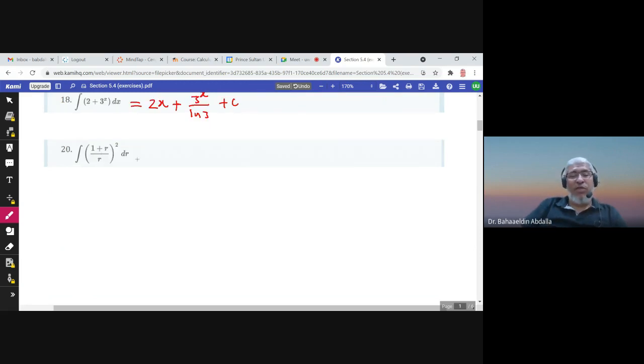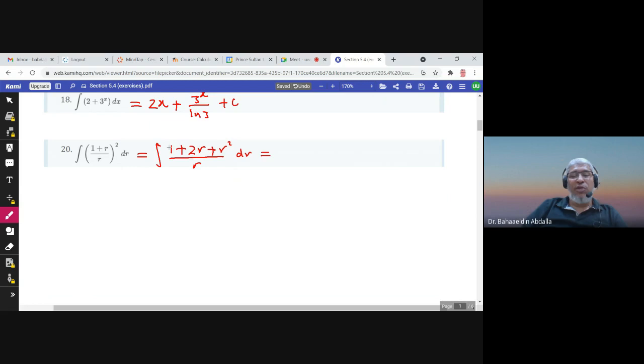Here I have to expand. So I write it. If you expand, you have 1 square, which is 1, plus 2 times r times 1, which is 2r, plus r square, over r.